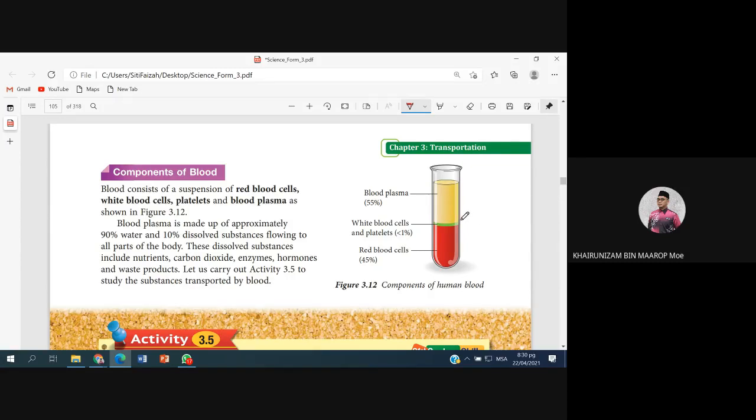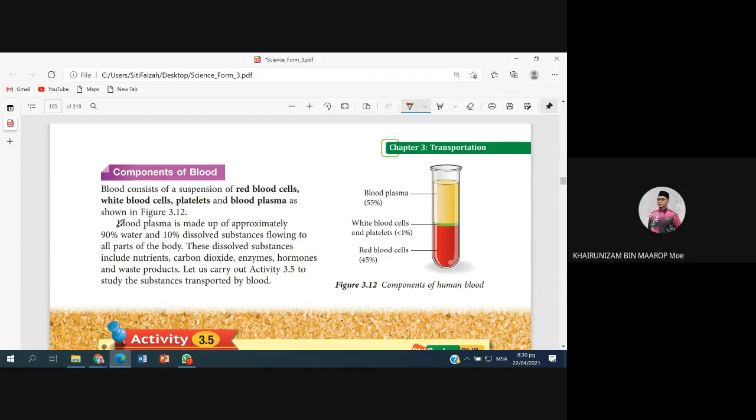And in the middle, between the yellow liquid and the red liquid, are white blood cells and platelets. That is less than 1%.